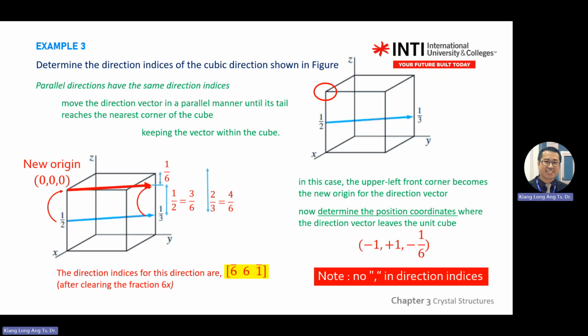Standard means every time you draw a cube, the length is 1. So if you draw a direction, we see it as 1, 1, and 1. If the question didn't write anything on the line, it means it's 1, the length of the cube, because we are looking at a unit cell.